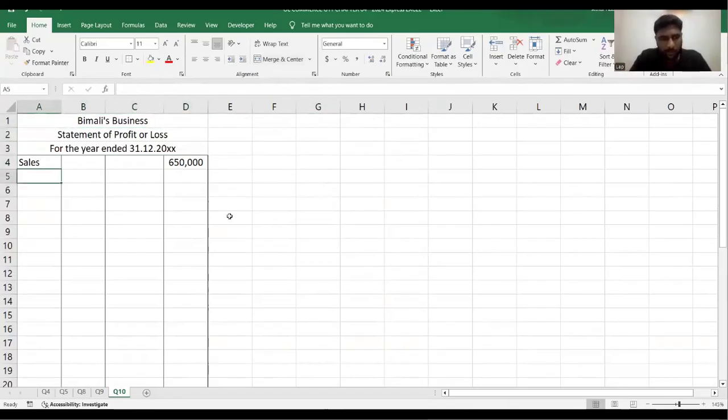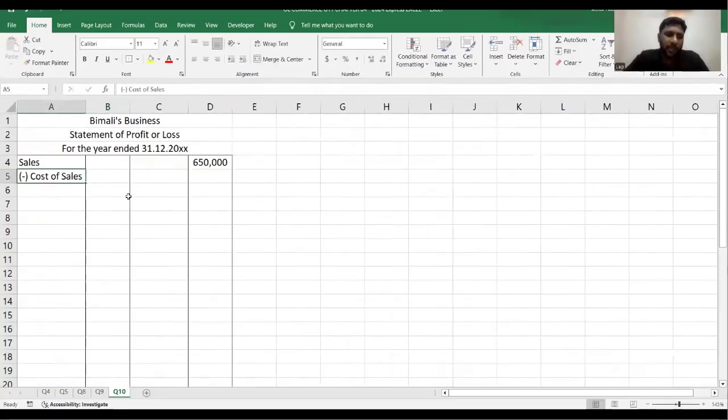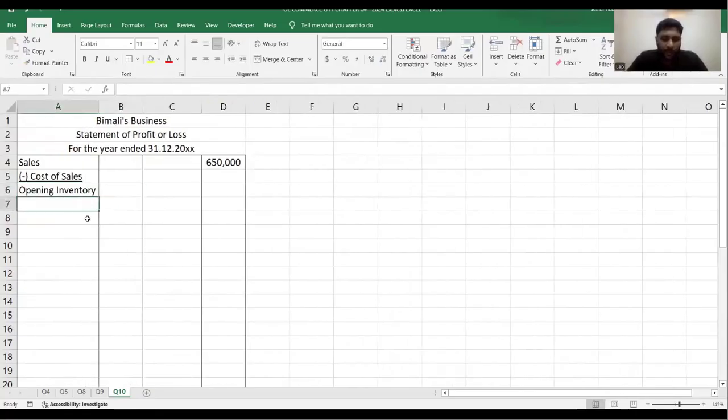Now, cost of sales. So we learned how to calculate the cost of sales, people. First, you have to take the opening inventory, then the purchases.